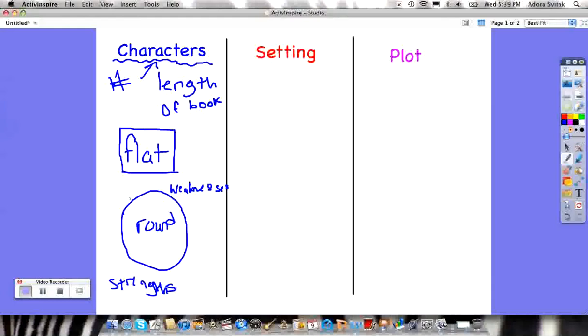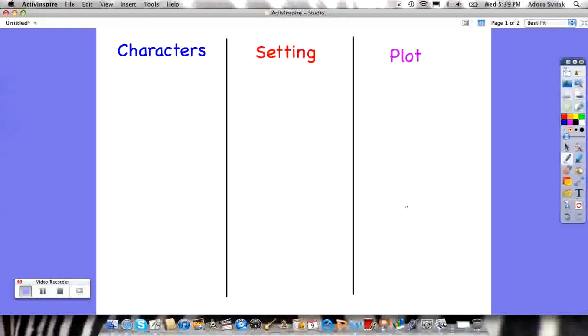In order to create round characters, try practicing analyzing some of your friends, yourself, and think what are strengths and what are weaknesses. And then take those and make them your character traits. So, character traits could be things like smart, funny, intelligent. Well, that's actually sort of the same as smart, so I'm going in circles here. But then think of some weaknesses.